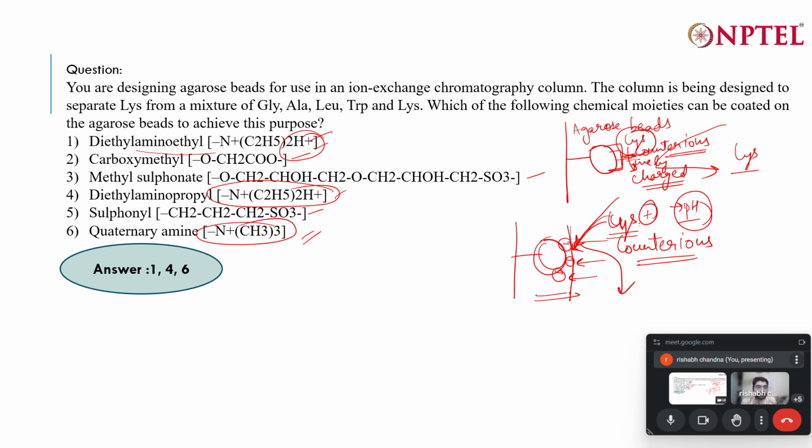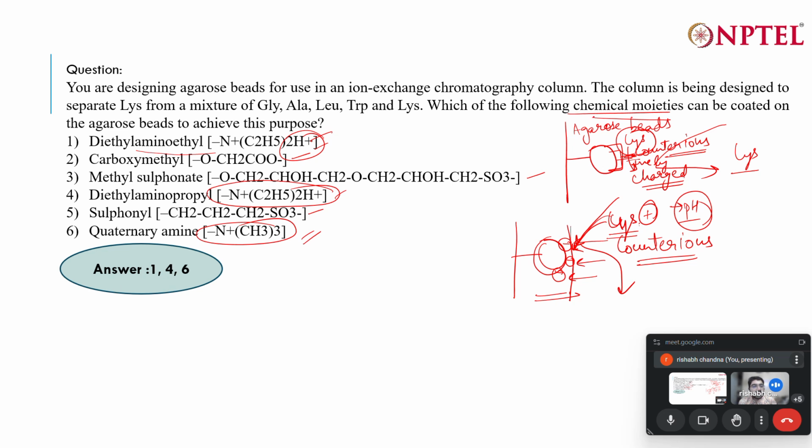Sir, but the question is, which of the following chemical moieties can be coated on agarose bead? Okay, so it could be the counter ion aspect. Considering the question, because the counter ion thing is not mentioned here, I also didn't look at it.